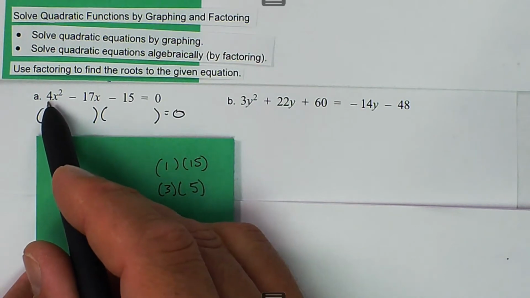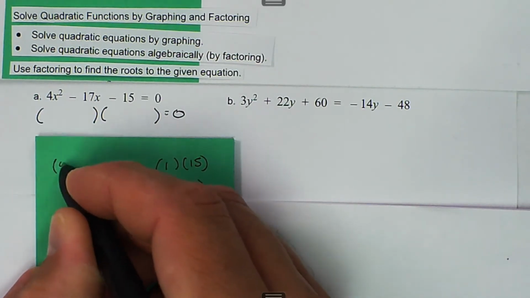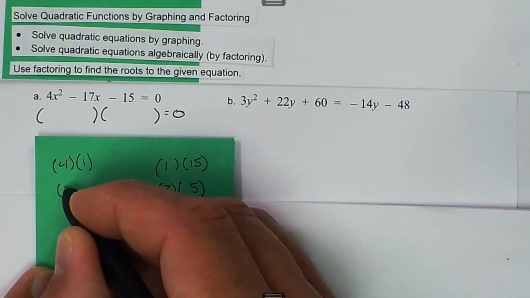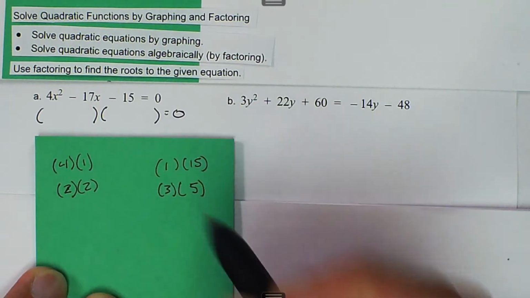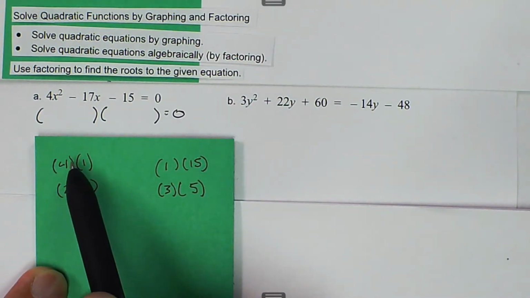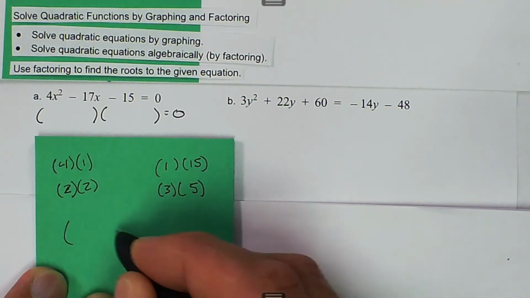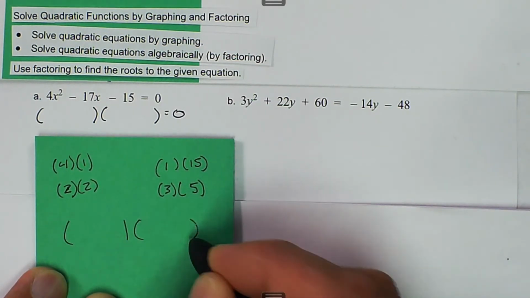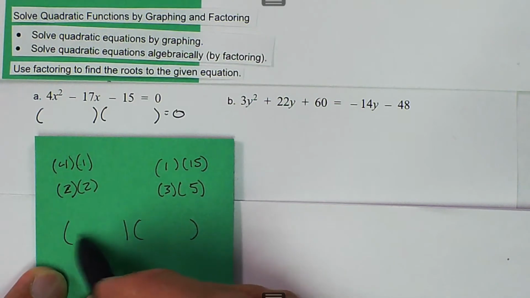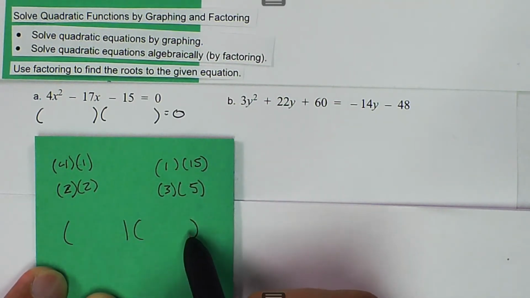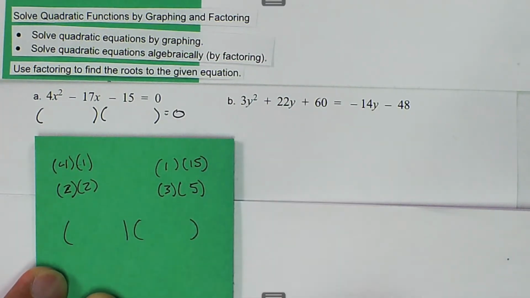And then we have to think about what numbers could multiply to 4: 4 times 1, and 2 times 2. So we know that in our first binomial, we're either going to have 4 and 1 or 2 and 2. And then in our last, we're going to have 15 and 1 or 3 and 5 in some capacity.